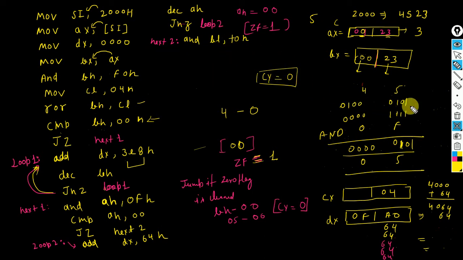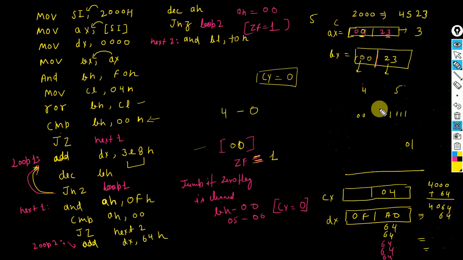In this instruction, again we move to the BL register. In this case the content of BL register is 23.